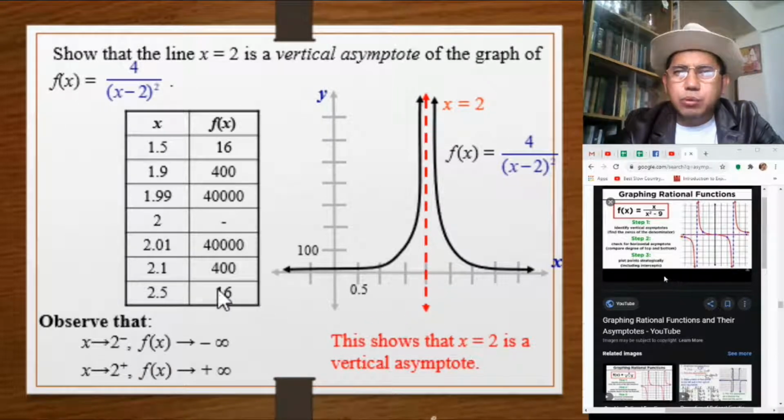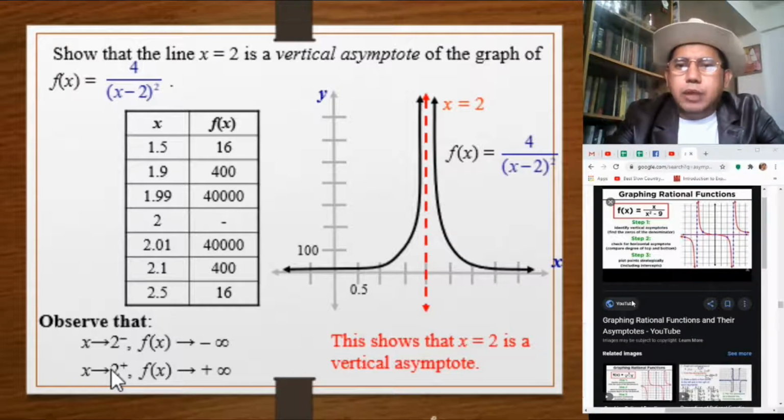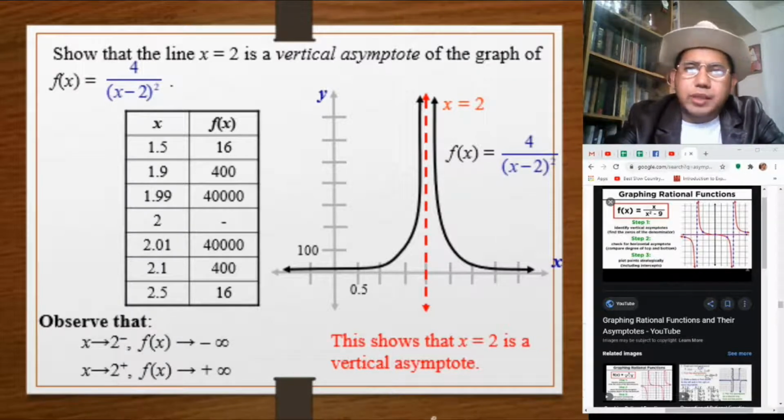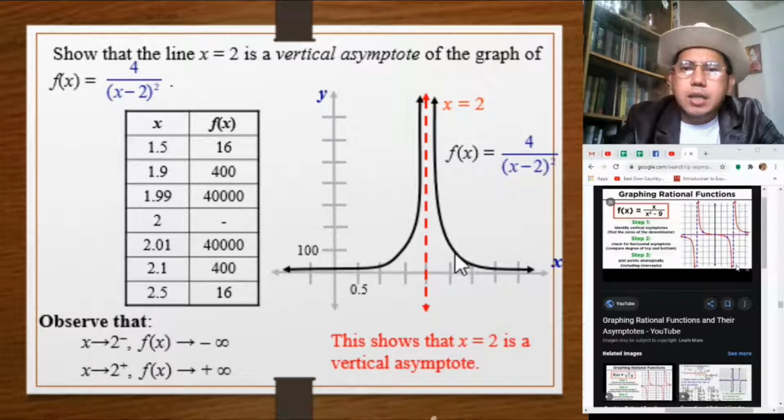The same is true with the value of x which I computed coming from the right side of the positive 2 going toward the positive 2. You will notice the graph, as it comes closer and closer to your positive 2, it will go up and it will never cross this vertical line.